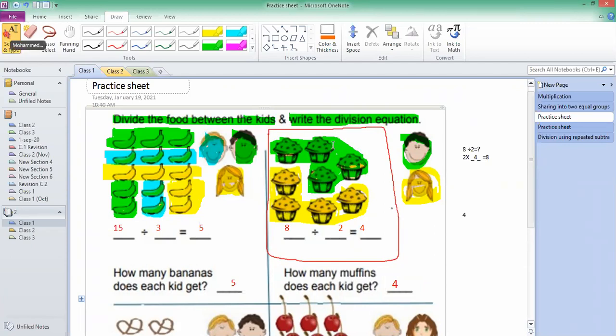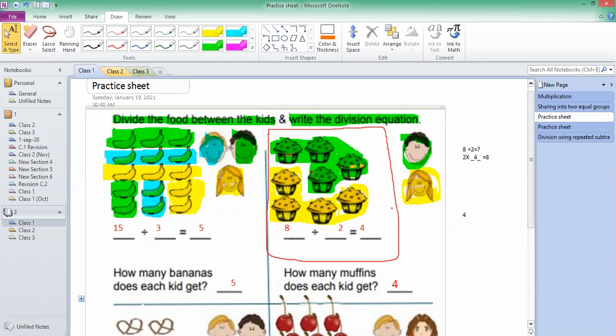You can see here. And the second is, there are some bananas, and here you need to distribute among 3 kids. So now not two, you had to distribute into 3 equal groups, I mean among 3 kids. So you can see there are 3 portions: green, sky blue, and yellow. This yellow is for this girl. 1, 2, 3, 4, 5.